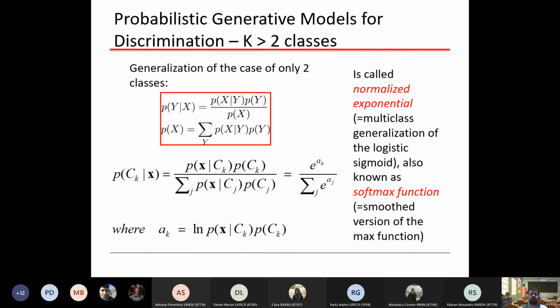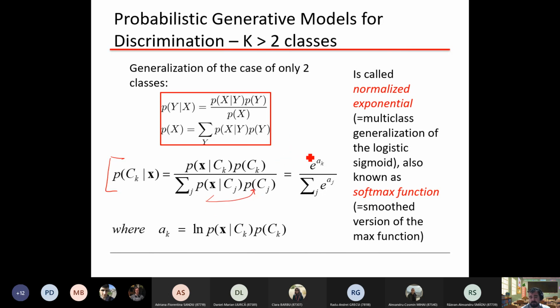Now, if we have more than two classes, again we use the same rules, and the probability of the class given X will be P of X given Ck multiplied by P of Ck divided by P of X, that now is defined by the summation over all classes of P of X given Cj multiplied by P of class Cj.